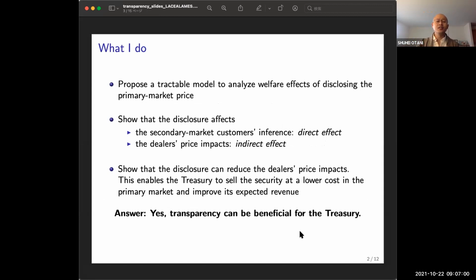It directly changes the secondary market customers' inference behavior, and it in turn changes the dealer's price impacts, both in the secondary market and in the primary market. And actually, the information disclosure can reduce the dealer's price impact costs, and it enables the Treasury to sell the securities at a lower cost in the primary market and improves the expected revenue.